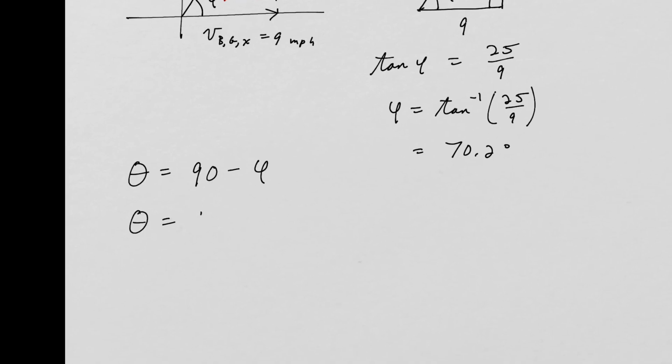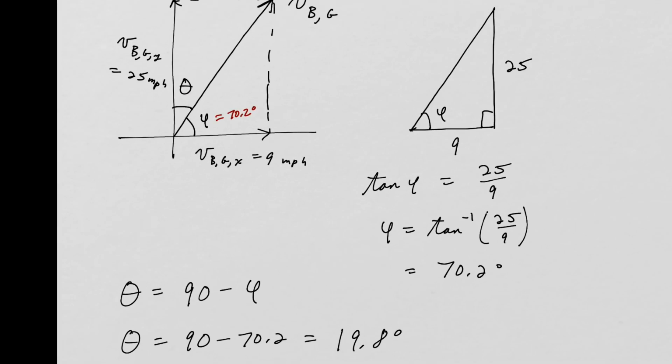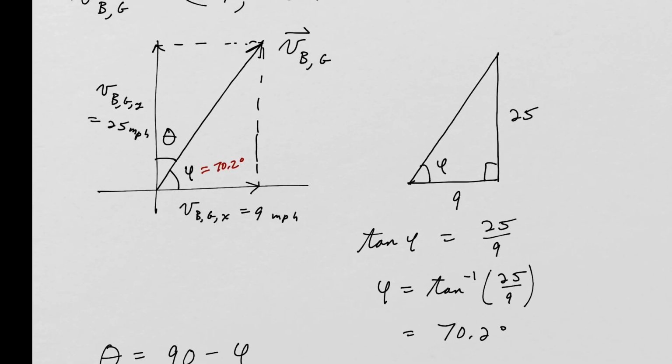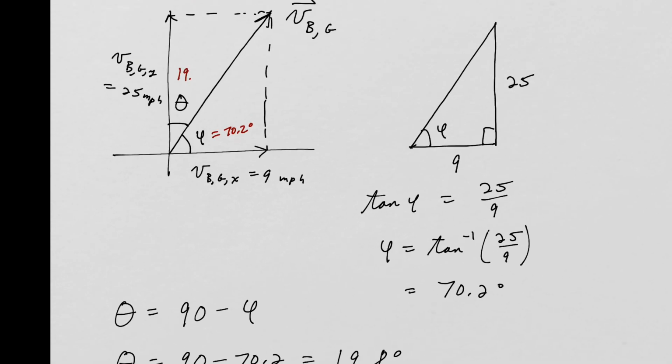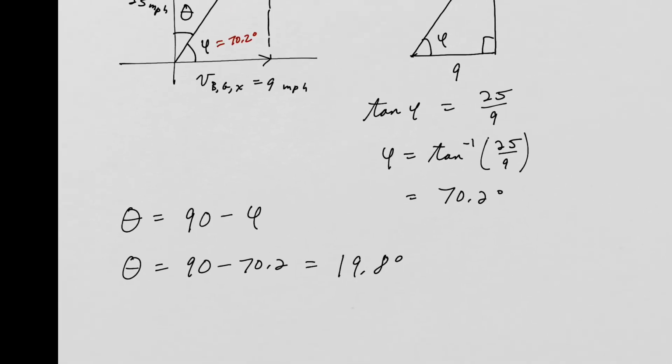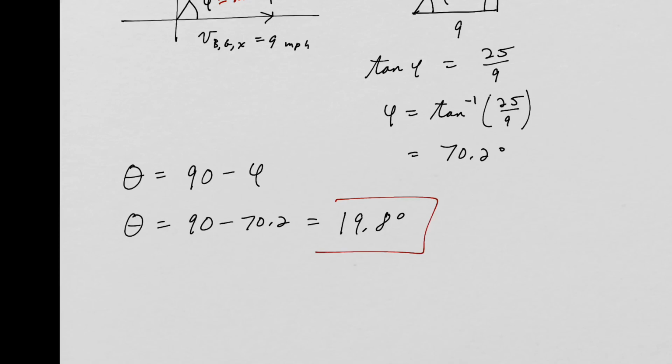So 90 minus 70.2 is going to be 19.8 degrees. And that's going to be the answer to our question, because they want to know the angle that the ball makes with respect to the forward direction of the car, and that's this angle right here. So this is going to be 19.8 degrees. So that would be the answer.